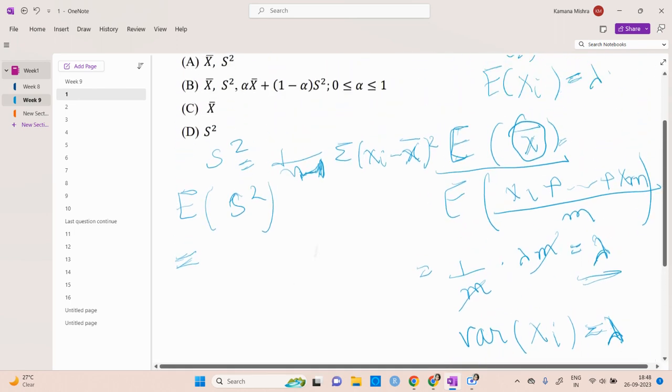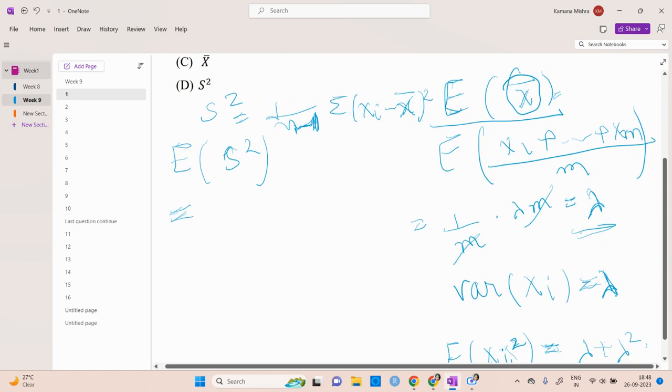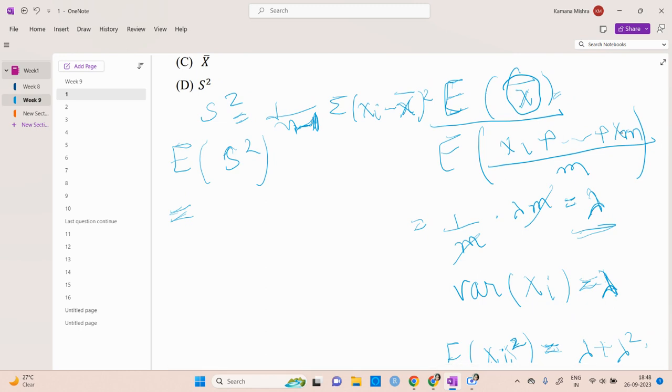So then you need to go through here. You can put 1 upon n minus 1, and then expectation of summation xi minus x bar whole square.